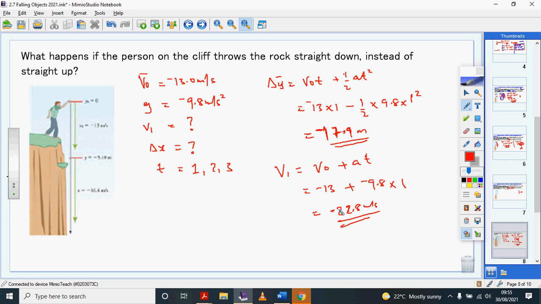This is expected because if it had an initial speed of negative 13 and it accelerates downwards, its speed is going to increase. I want you to calculate the one for 2 seconds and 3 seconds. We're going to find some interesting results for the 3 seconds. You can let me know what you think of those results.